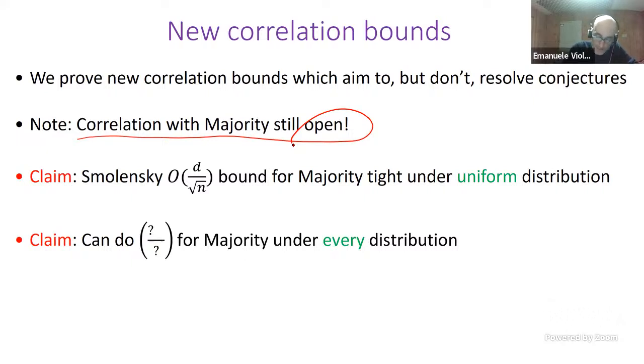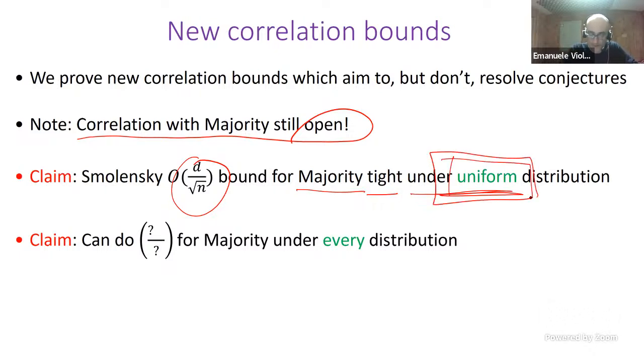So Smolensky proved this bound, which I mentioned earlier, of d over root n, fantastic for majority, and this can be shown to be tight, a best possible bound, under the uniform distribution. You have polynomials which have this correlation with majority under the uniform distribution. It's not immediate, but you can cook up polynomials that do that. But it's only under the uniform.